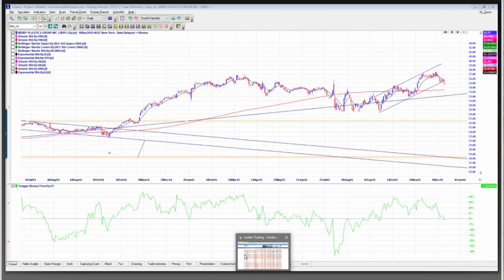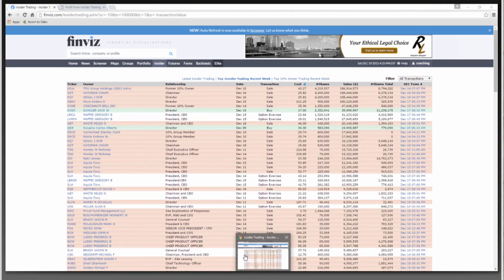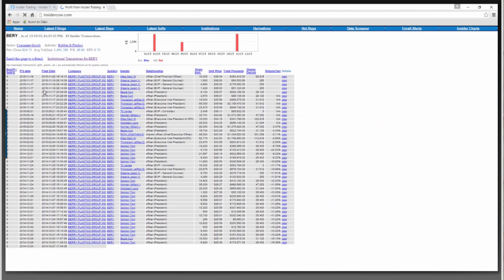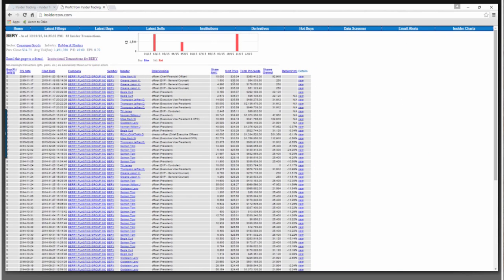Now I don't care what the market does, but this is a rubber and plastics company. And if you look at their yearly insider selling, this is from insidercow.com, have a look at what the activity's been like. Massive selling, from the general counsel, financial officer, president, vice president, financial controller, or executive vice president, all of this right here in November.